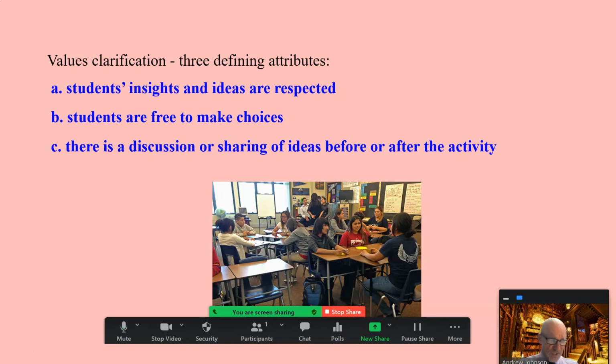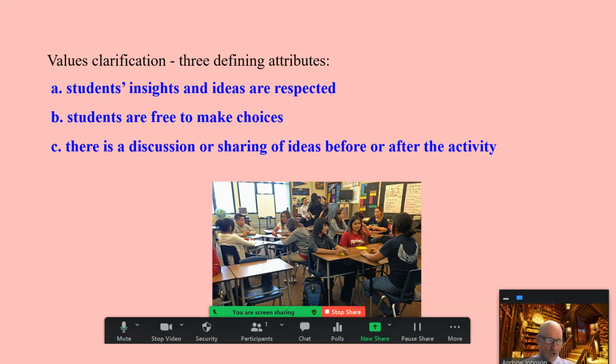First, students' ideas and insights are respected. Teachers do not correct or evaluate or validate students' responses. And of course, that doesn't mean you never do that, but that is to the greatest degree possible. If students come up with a value that is harmful or hurtful to others, of course, you use that as a teaching moment.